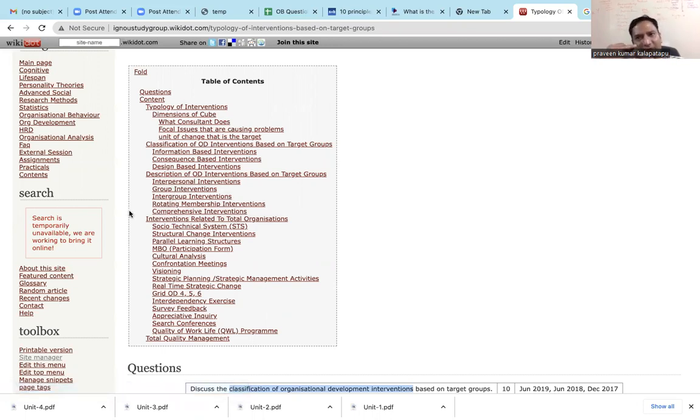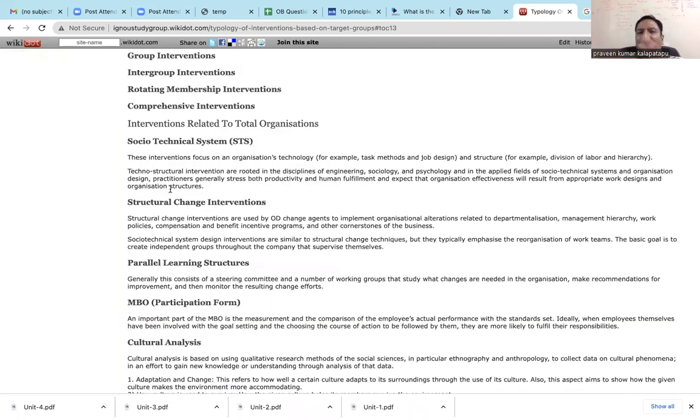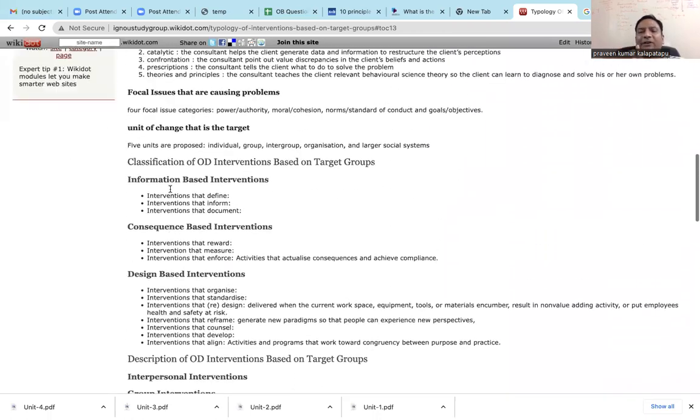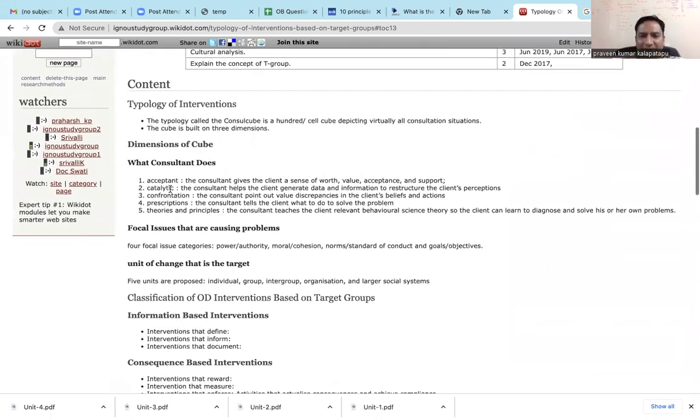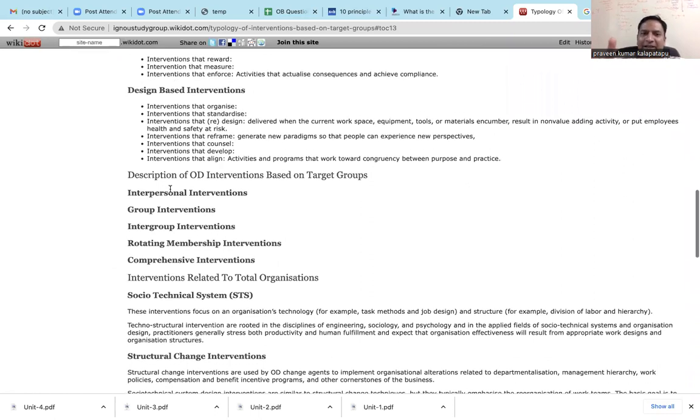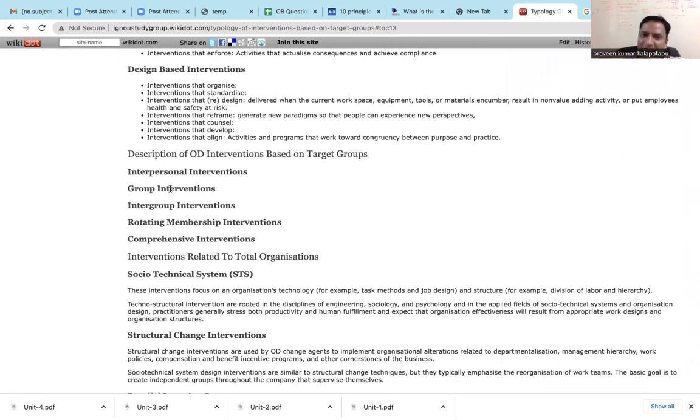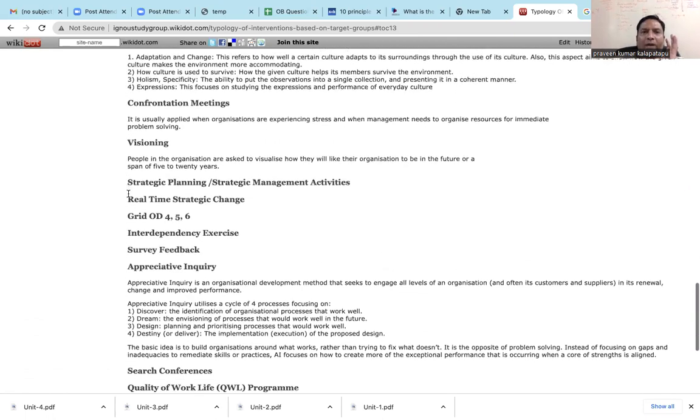In the case of target groups: interpersonal, group, intergroup, rotating membership, and comprehensive. Then we went into various interventions, not types of interventions. So the classification is done. Now we went into the interventions themselves, and we talked about total quality management. That ends this unit.